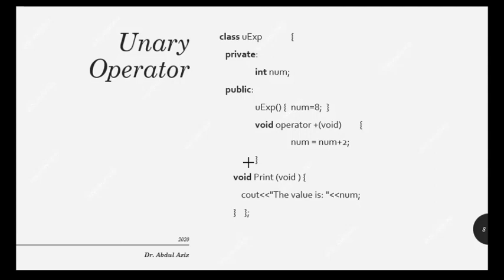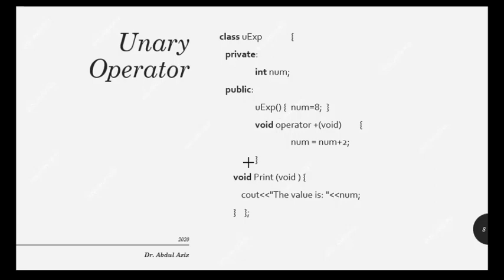So this is an example that shows us the implementation of the unary operator. We have created a class, unary example, in which we have declared one simple integer number. Then in the public area, we add a constructor that is going to initialize the local variable with value 8.